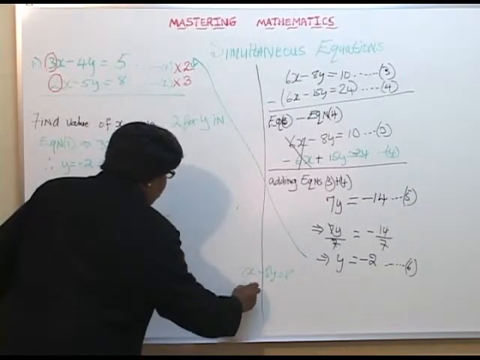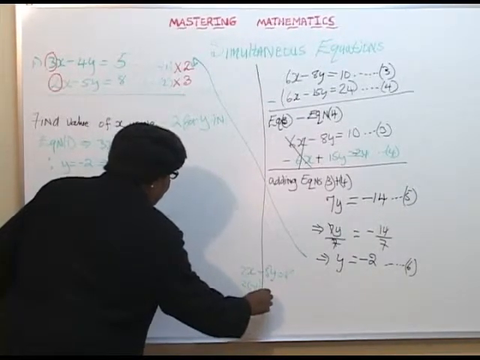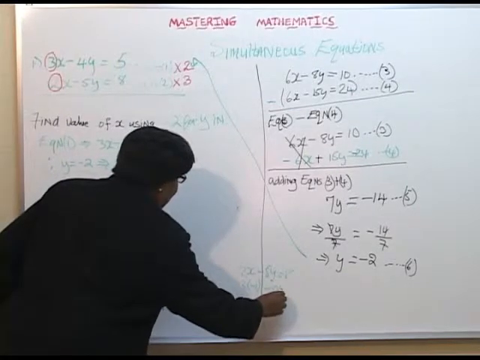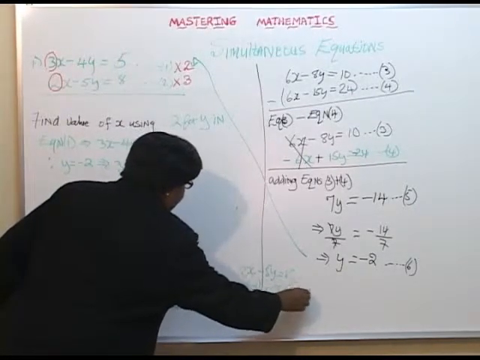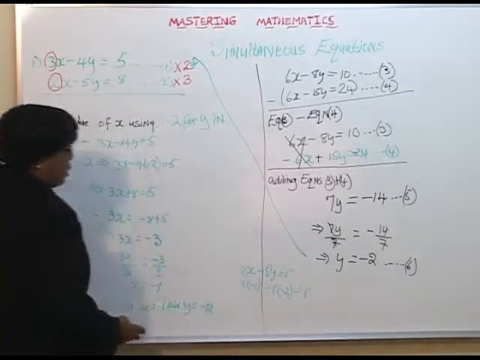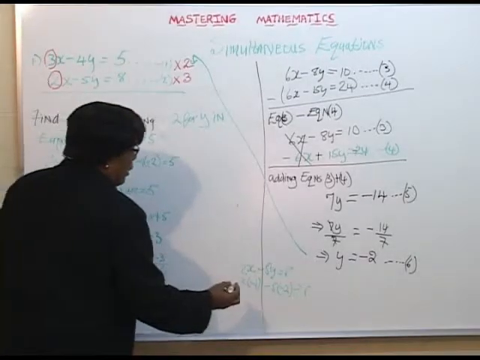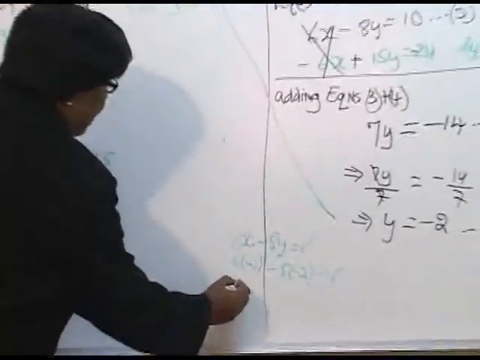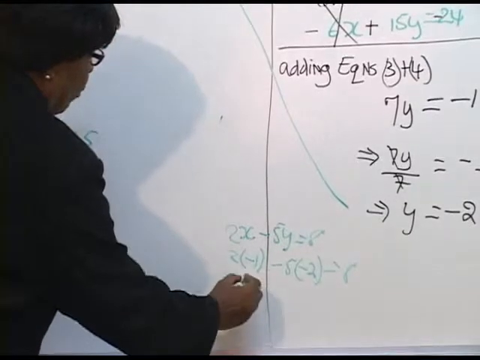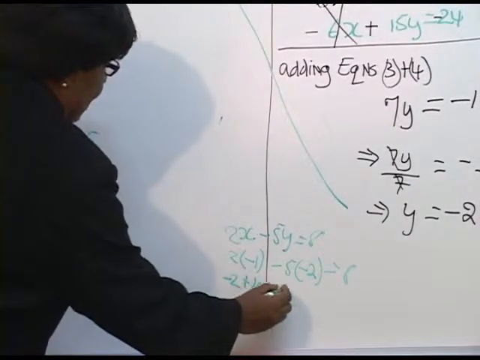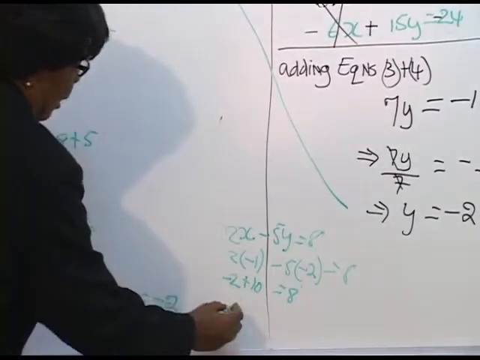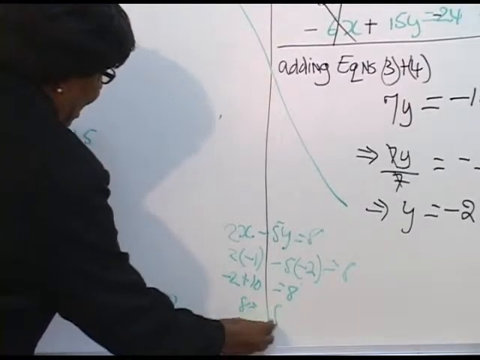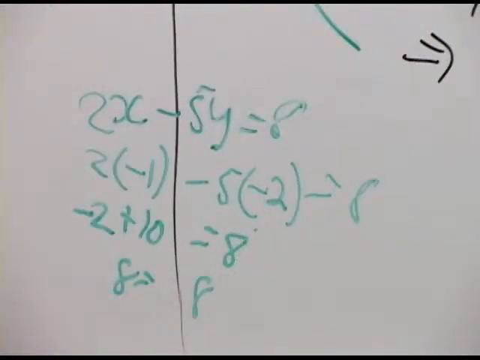I write 2 times negative 1 minus 5 times negative 2 is equal to 8. Let's see if we get 8 back on this side here. So we're going to get negative 2, and negative times negative gives me a plus 10, is equal to 8. And you get 8 equal to 8. You don't have to wait on your teacher to tell you if it's correct, because you can check it for yourselves.